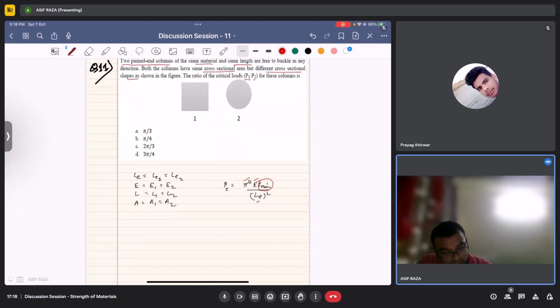So let's do this case by case. First one, the square one.